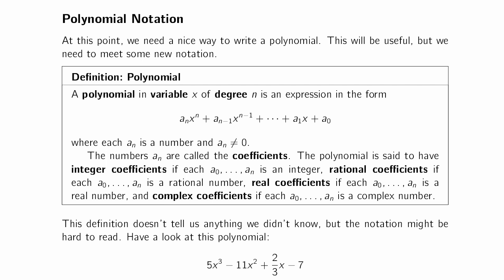So, a polynomial in variable x of degree n is a sum. It's a sum of terms, each of which is a number times a power of x.